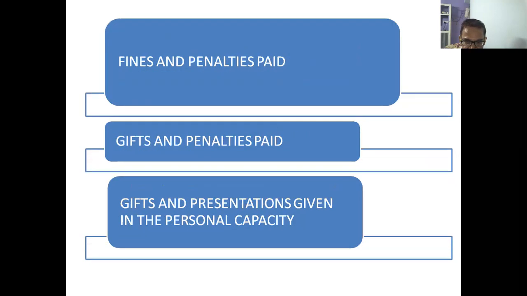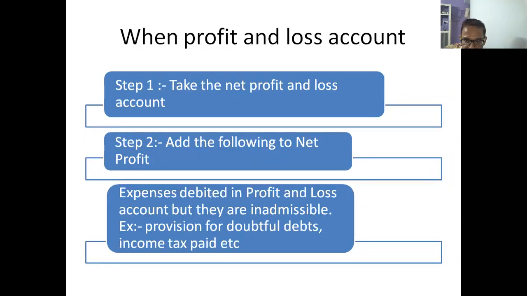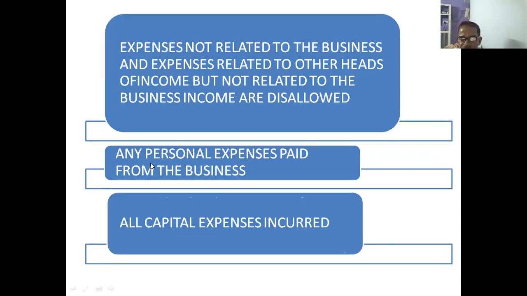Now, repeating once again, this is how to compute income from business. Step 1: if net profit is given, you have to add the following expenses which are inadmissible, those expenses which cannot be called business expenses. This is step 2. These are expenses which do not come under business expenses; you should add them back.